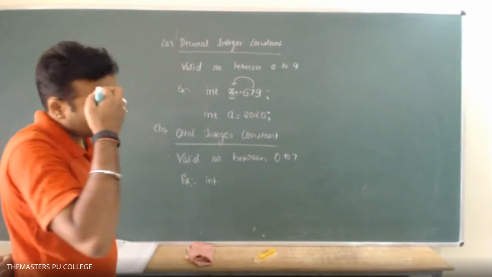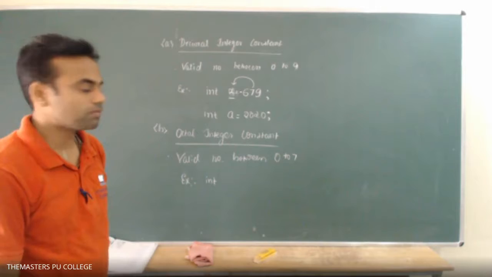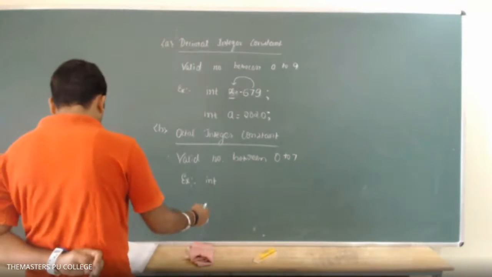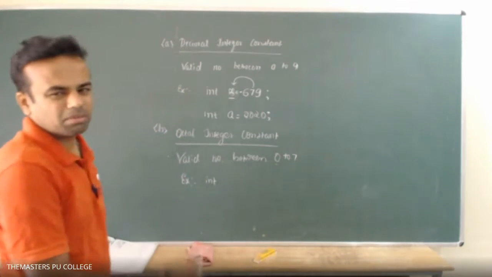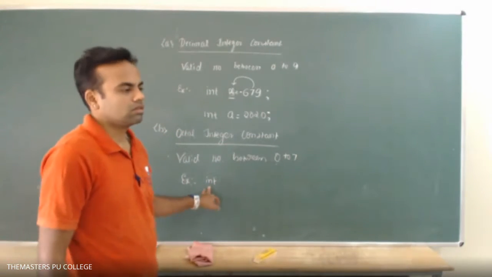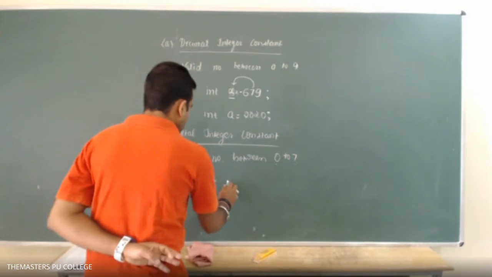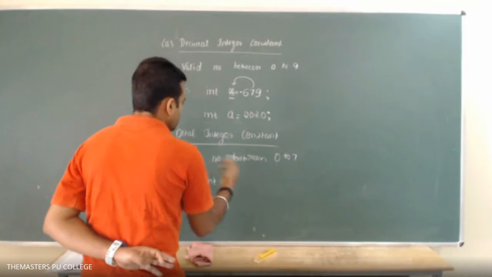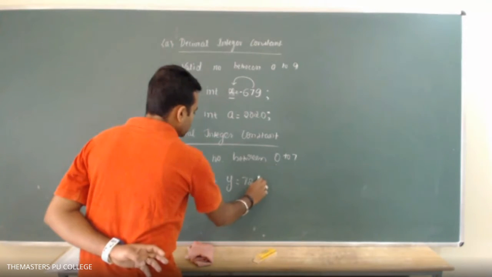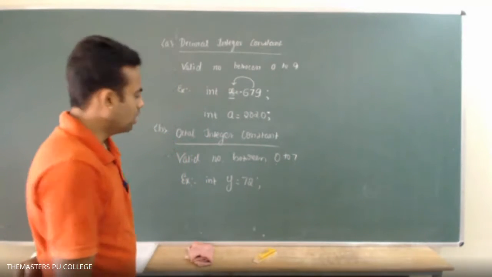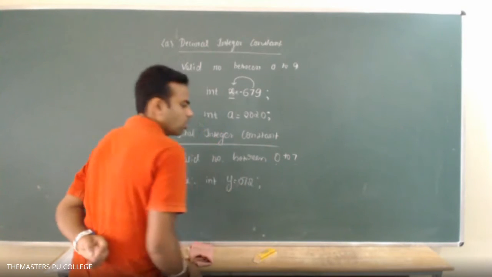We can specify any other value, which should be a valid combination of 0 to 7. For example, 72, and 72 will be represented with octal number.